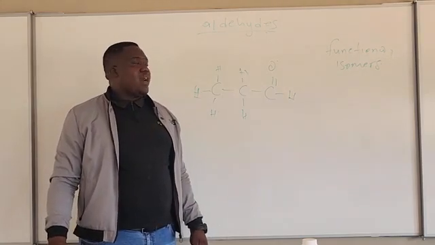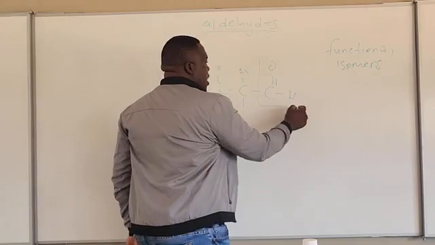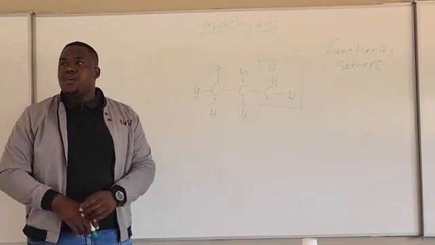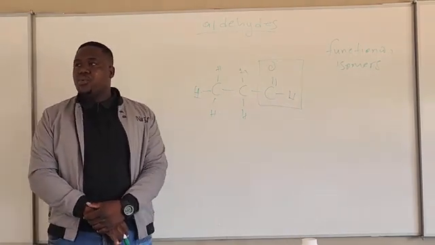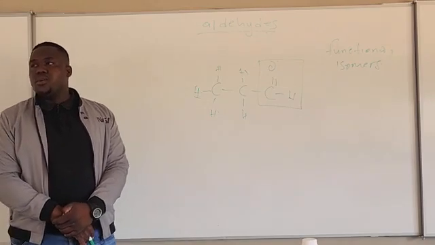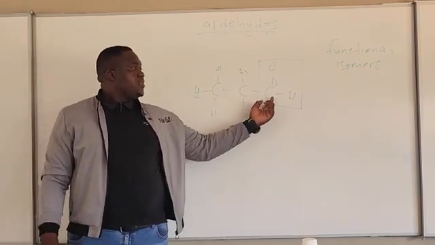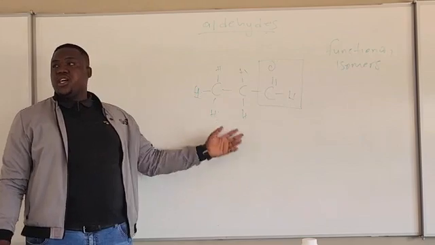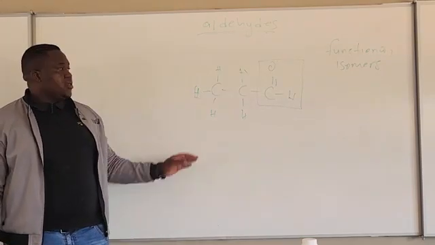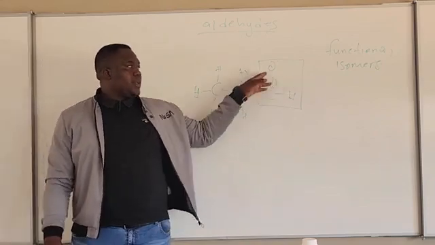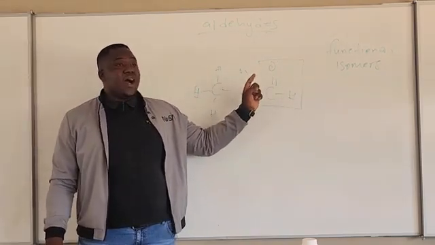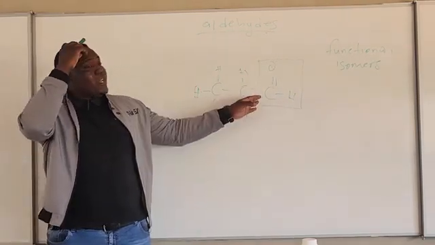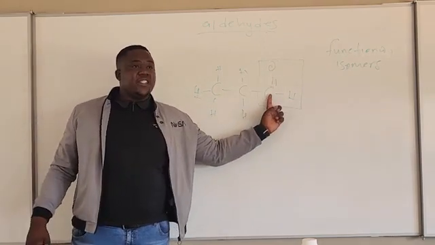They can ask you to draw the structure of the functional group of aldehyde. It is the carbonyl group. We find it in aldehydes and ketones, you'll see. This one is an aldehyde because this double bond of oxygen is in the first carbon.